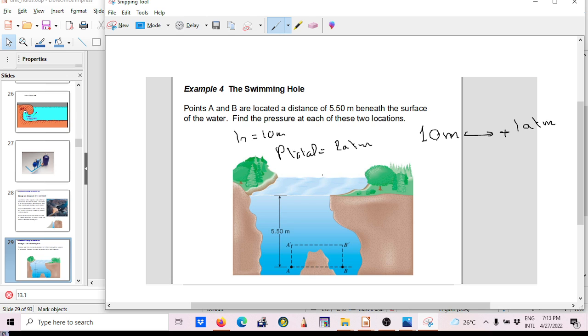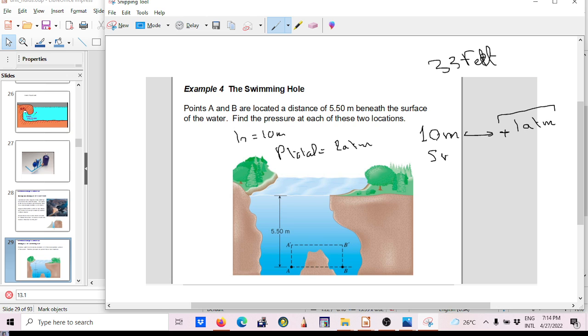But 1 atmosphere we are used to. It's that here that starts to hurt, right? 10 meters, you add 1 atmosphere. So it's about 33 feet. You go down 33 feet and you add 1 atmosphere.